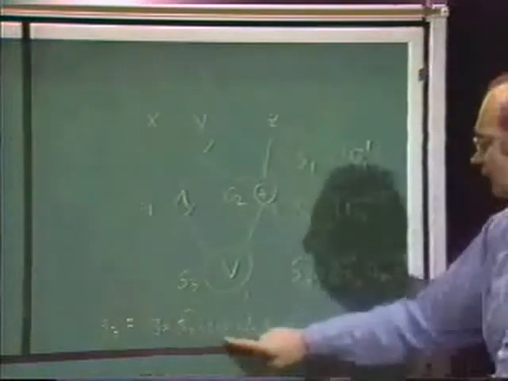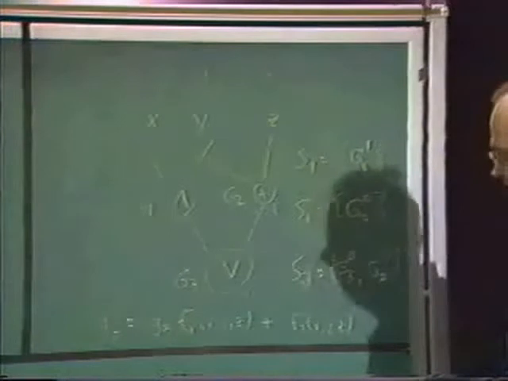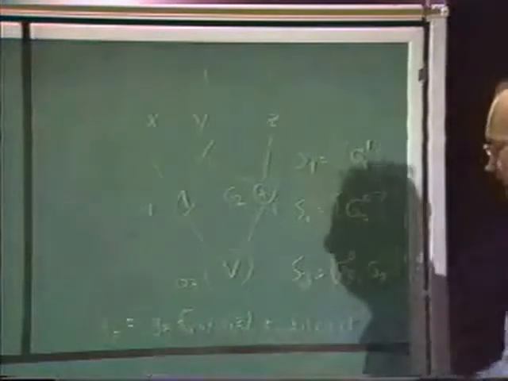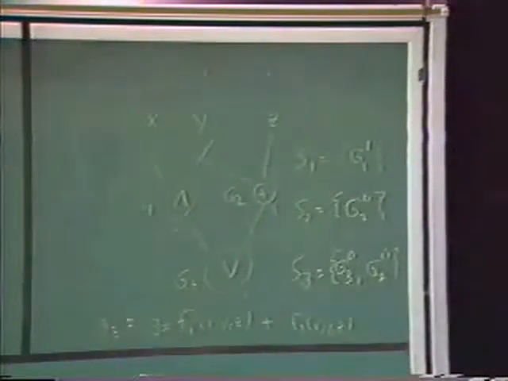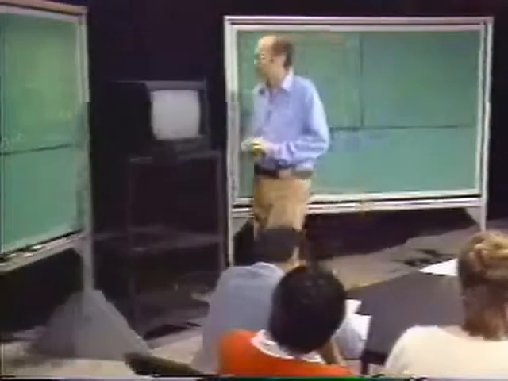And if and only if f1 was equal to 1, was G2 a stuck-at fault for this?